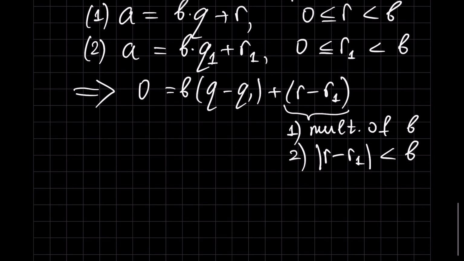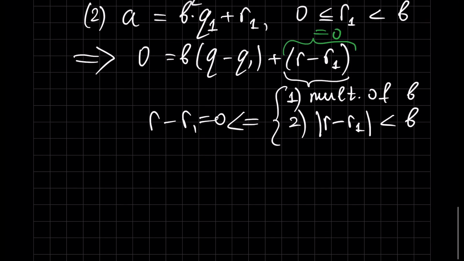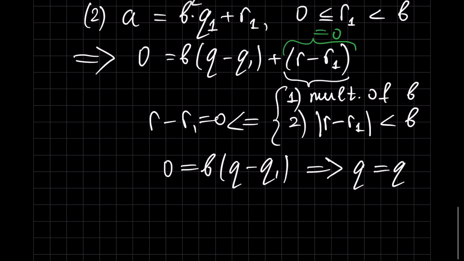And the only case when a number is multiple of B and absolute value of this number is less than B is when R minus R1 is 0. So this is 0, and we have B times Q minus Q1 is equal to 0, which means that Q also equal to Q1.